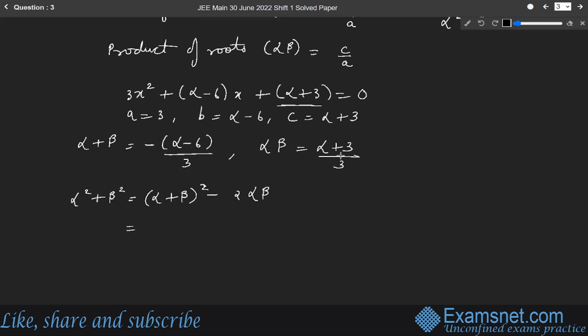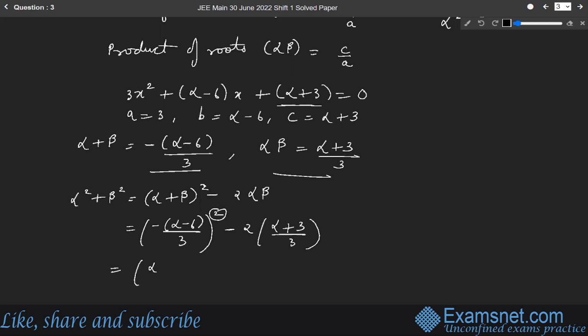We have the values for alpha plus beta and alpha into beta. So let us substitute the values here. What is alpha plus beta? It is minus of (alpha minus 6) divided by 3, and whole square, minus 2 into alpha beta. What is alpha into beta? It is alpha plus 3 divided by 3. We have just substituted both the values, right? Since it is a square, this value will be positive.